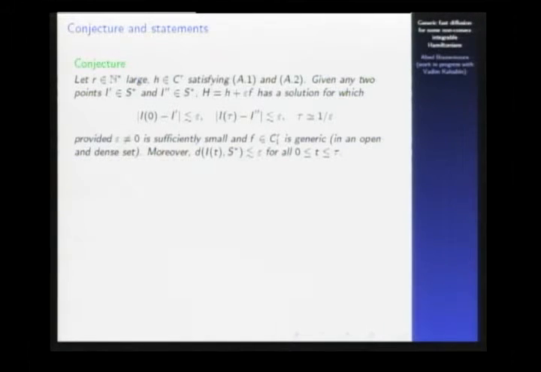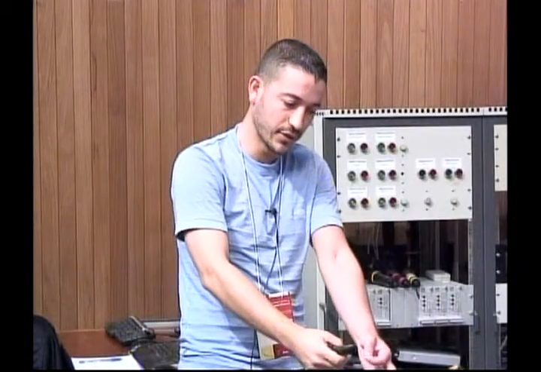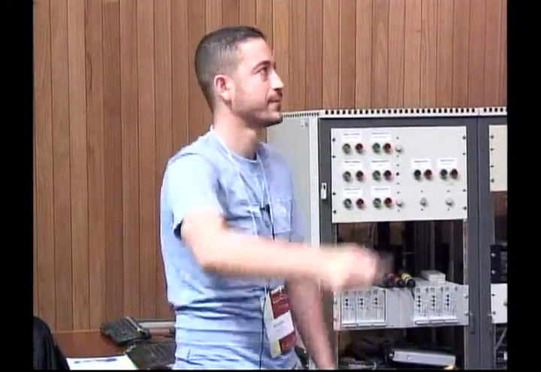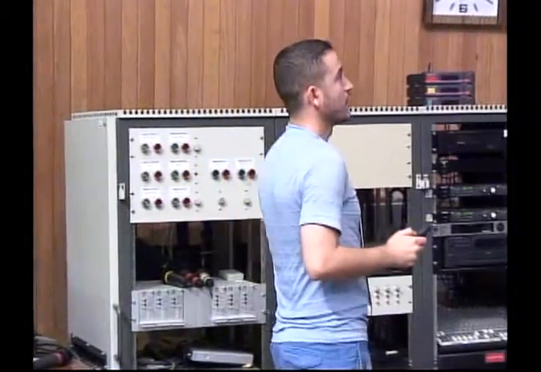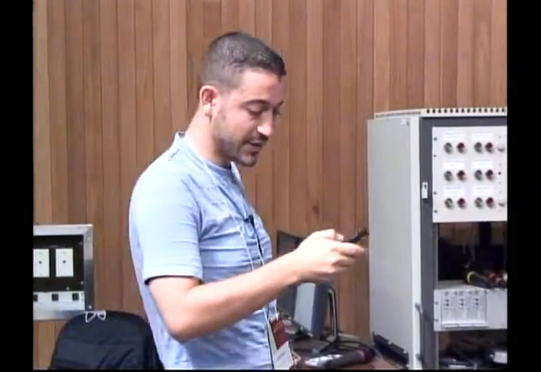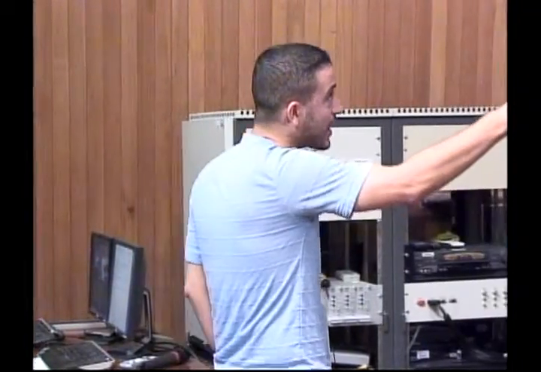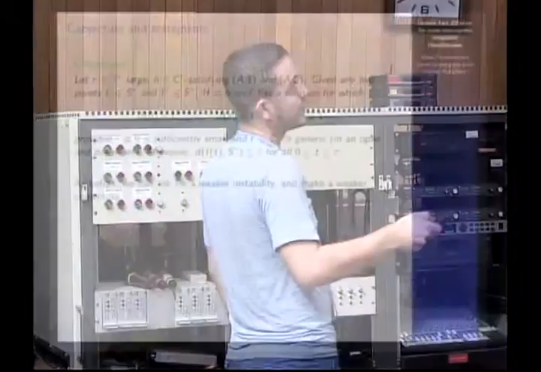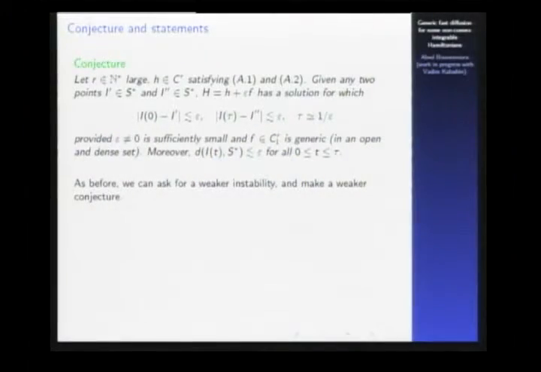Here, with these times, it only makes sense in this direction. So you're assuming I have one orbit that goes from here until here. As before, where I had instability in the sense of Arnold, I have weak instability. Here it's a kind of instability for this type of system. And you can ask for a weaker instability, as before, just a drift along this segment S star.